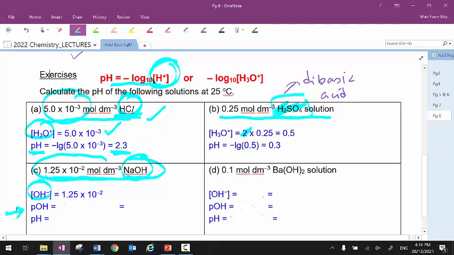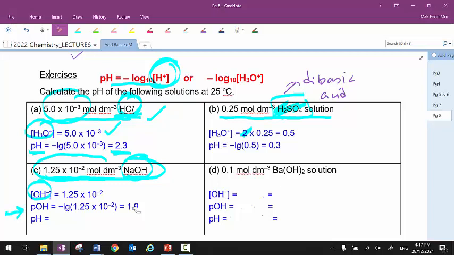What is pOH, if you recall? pOH is the negative log to base 10 of hydroxide ions. So pOH here will be equal to negative log to base 10 of 1.25 times 10 to the power minus 2, which gives you a value of 1.9. And then you can find the pH value for this solution. If the pOH of the solution is 1.9, what is the pH?